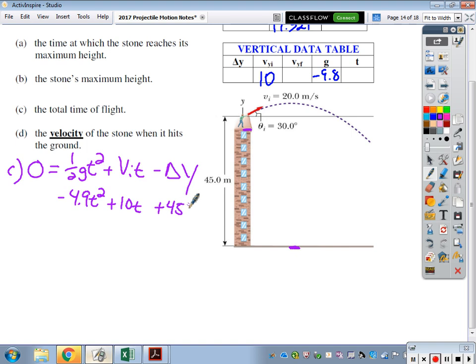Now, I'm not going to go through this on the board, but this is where we make sure that we have our window set properly for our calculators. I know we did clear since our last test. So the minimum of negative 100, maximum of 100, scale of 10 on both the x and y axis. Let's go ahead and graph this and find the 0. Go ahead and calculate the 0.